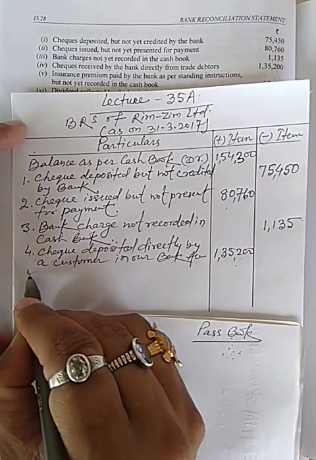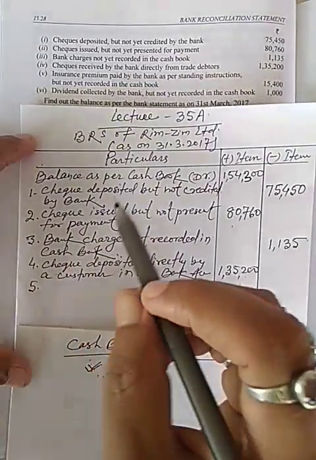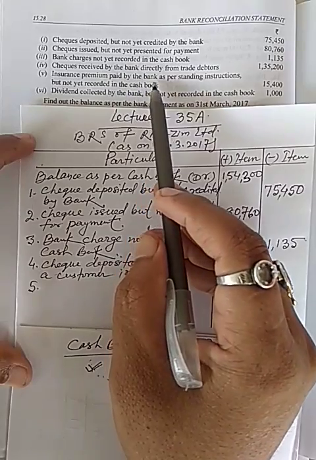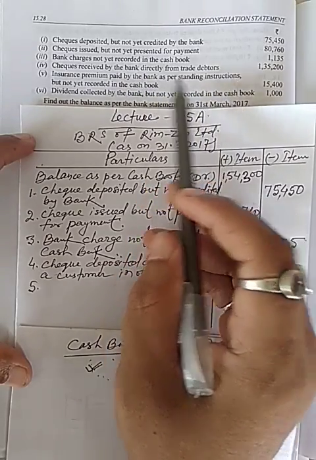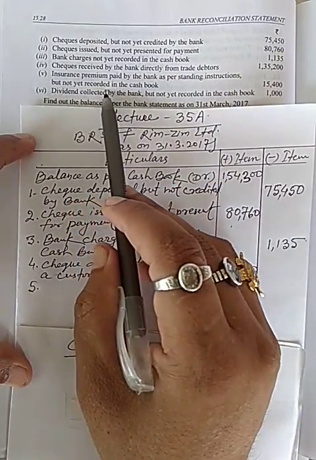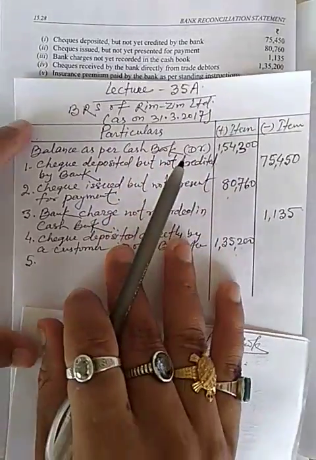Now student, the fifth point is saying insurance premium paid by bank as per standing instruction but not yet recorded in cash book.